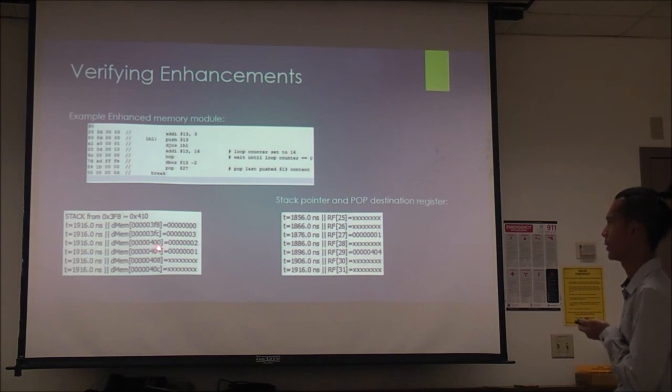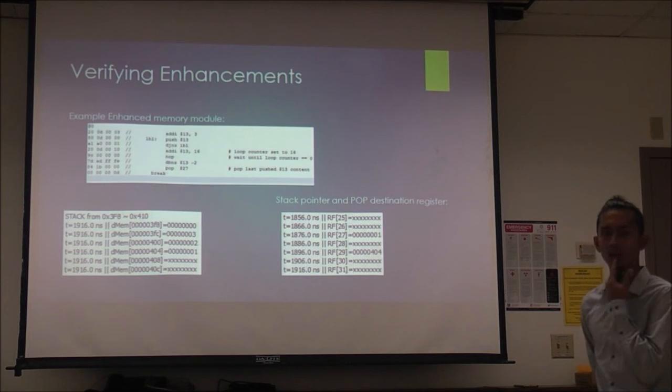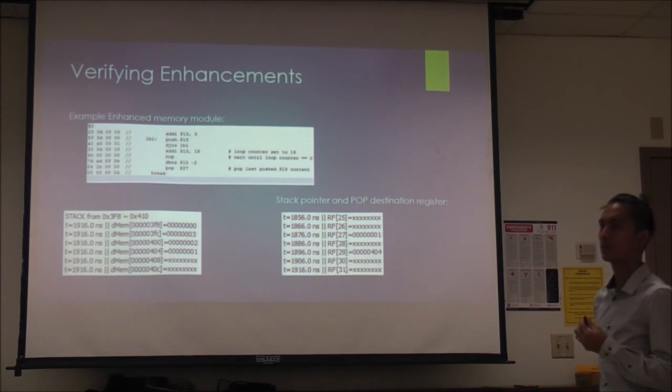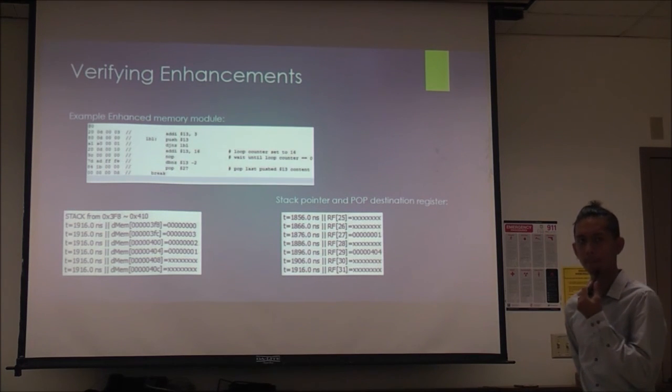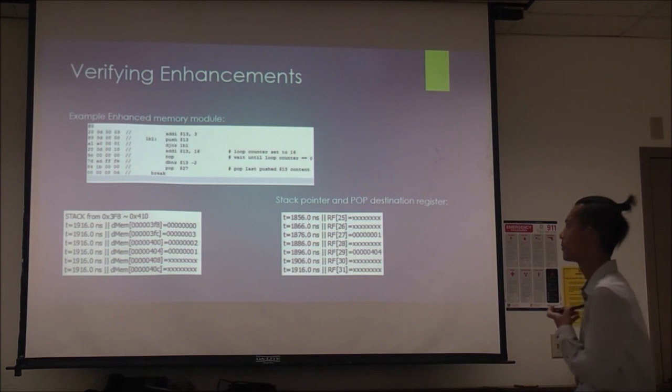It's still 12. Yeah, that's above 4K. I thought it was a 4K memory module. 3FF would be the last location of 4K. Anyway, something you have to look at. Okay.